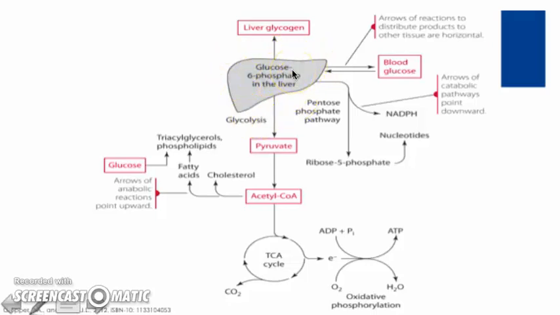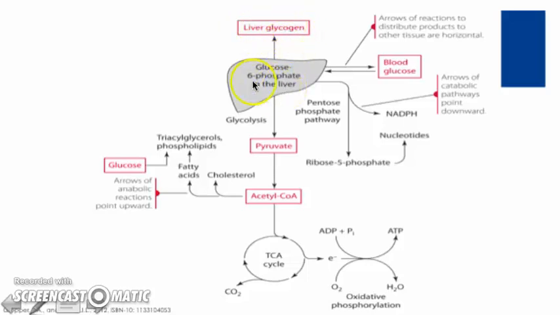Key to the processes of carbohydrate metabolism is the intermediate glucose 6-phosphate. We can see here that there are several fates of glucose 6-phosphate. It can be converted to glucose 1-phosphate and then be stored as liver glycogen.